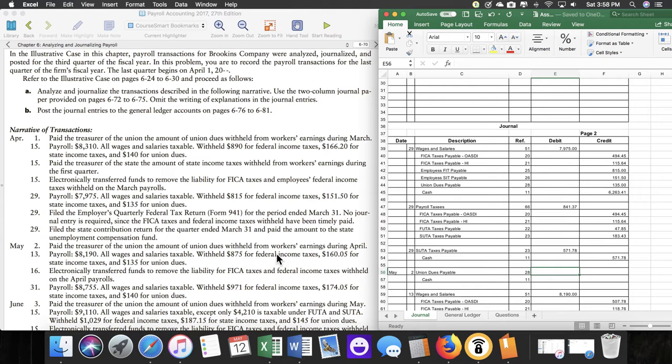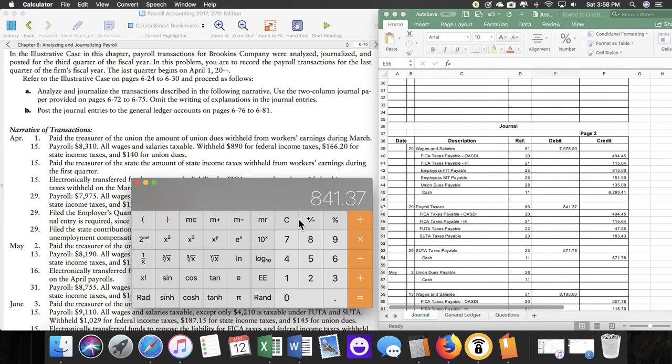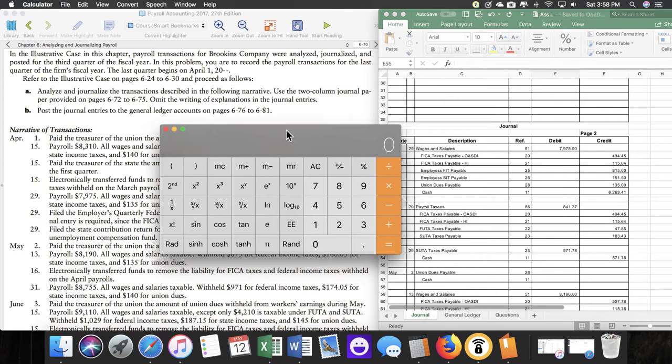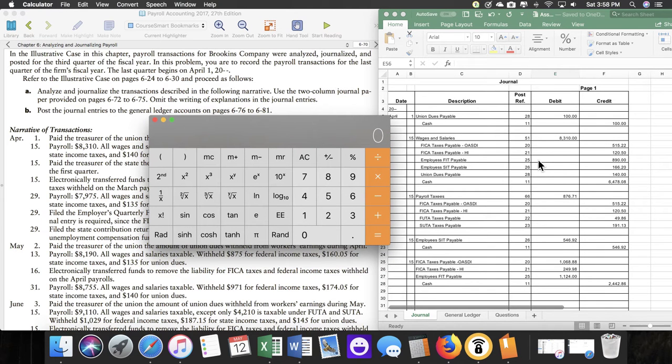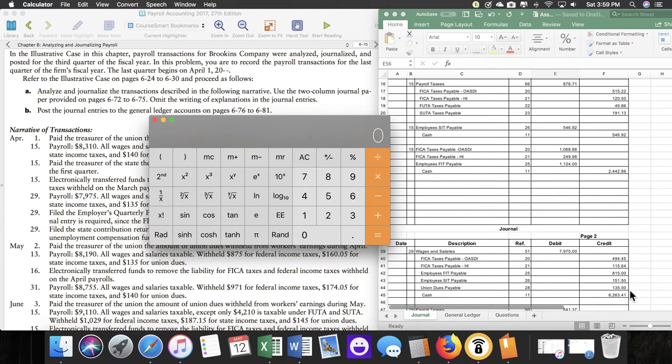But what you need to do is take the union dues withheld. If you have the general ledger completed up through April, you can take the amount off of that. In this case, I'm just going to look at the different transactions, so you can scroll through April's. We paid 140 here and we paid 135 here.